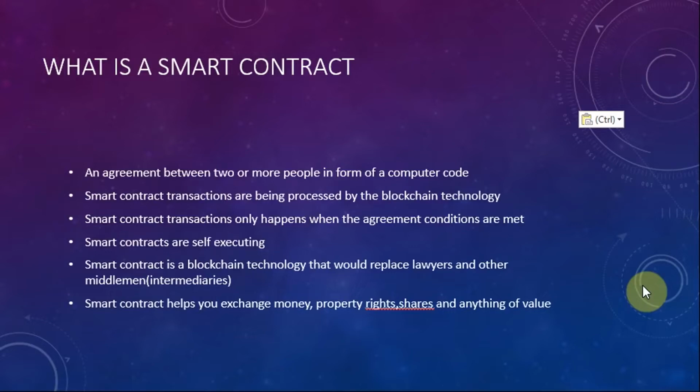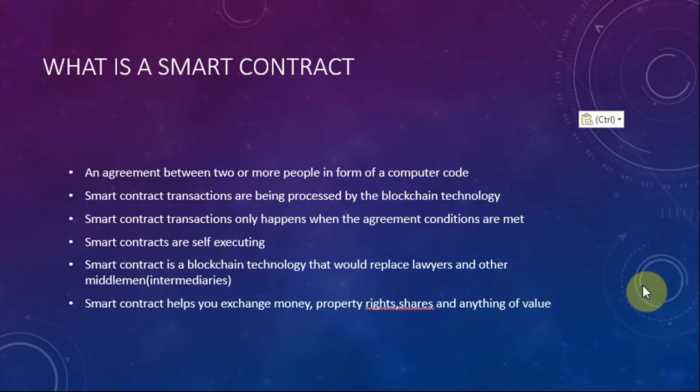And of course humans can be compromised, humans can be bribed, humans can be threatened, and stuff like that. But you can't threaten a machine. So it's going to reduce corruption and replace lawyers and other intermediaries in the chain.